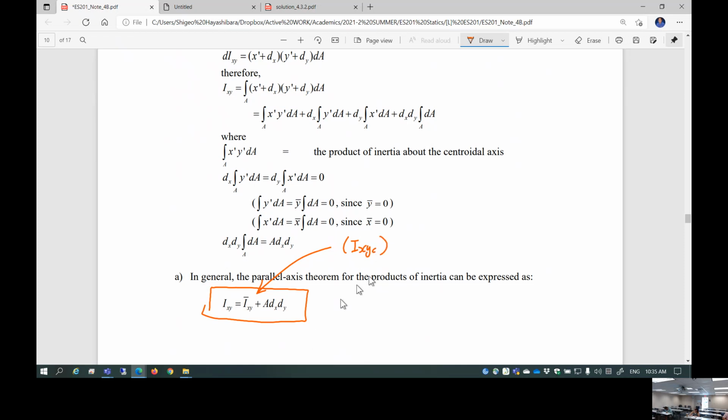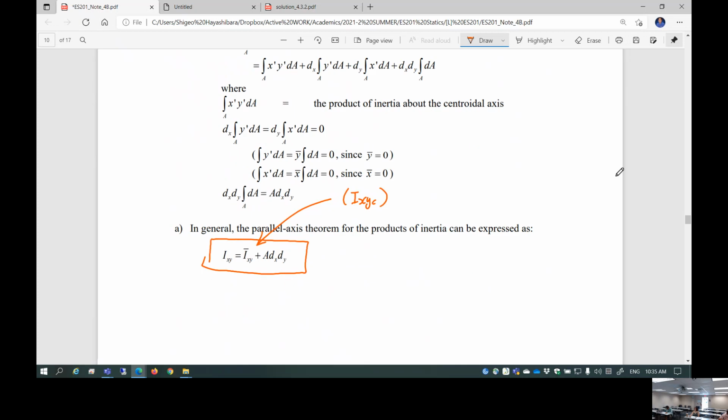Now, IxyC for commonly given cross-sections, such as rectangular or circular cross-sections, they have an axis of symmetry. So IxyC for that case is, of course, 0.